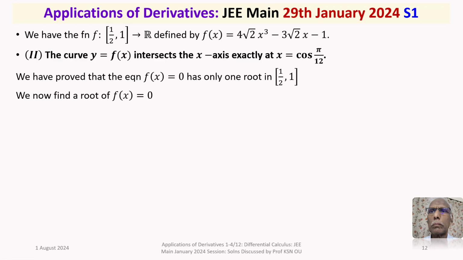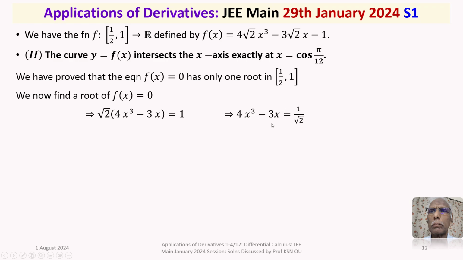So we take f of x is equal to 0 because we want to talk about the roots. So take the root 2 common. 4x cubed minus 3x is equal to 1. That will give rise to 4x cubed minus 3x is equal to 1 by root 2. Here the weakness is this 4x cubed minus 3x.